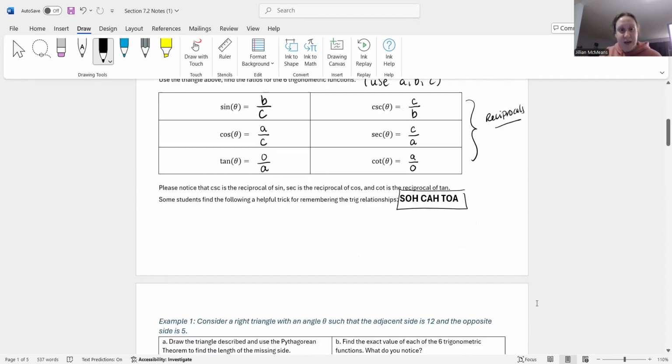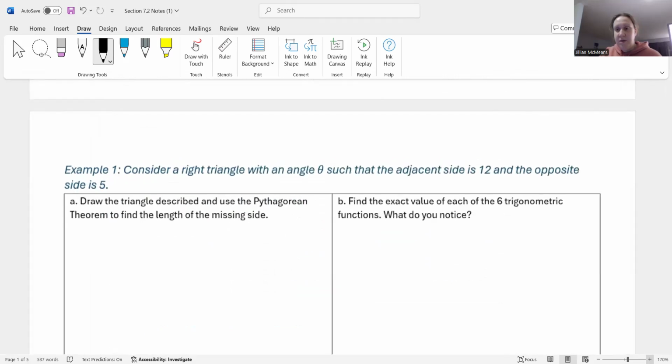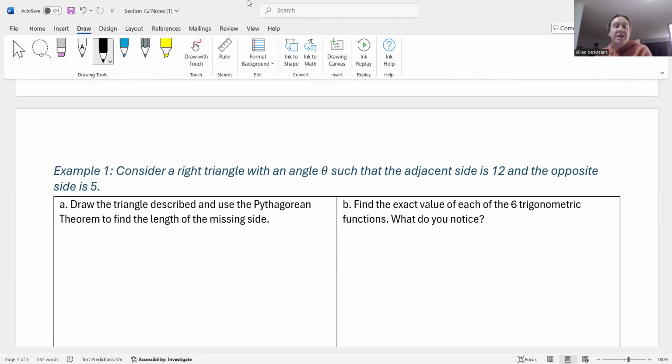All right, let's do one example here. Okay, so let me make this a bit bigger again so we can see it easier. There we go. So example one says, consider a right triangle with an angle theta such that the adjacent side is 12 and the opposite side is 5. So part A here says, draw the triangle described and use the Pythagorean theorem to find the length of the missing side.